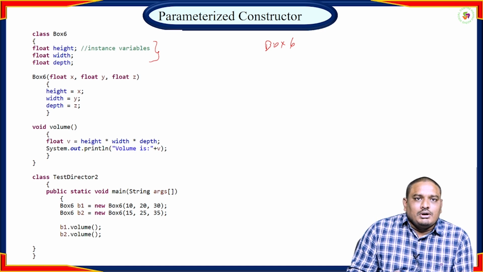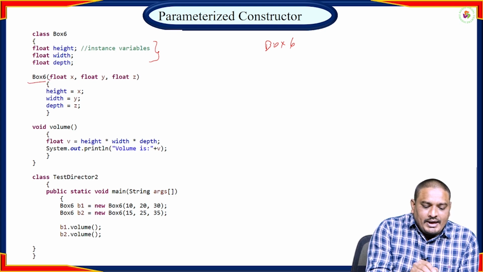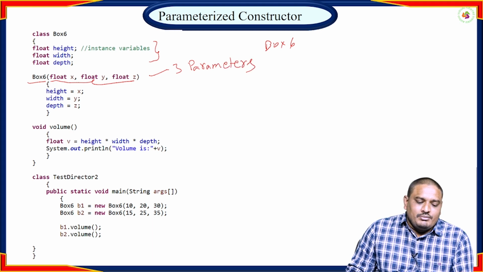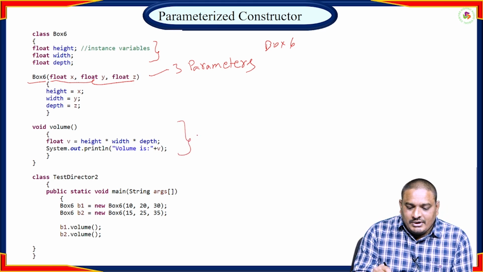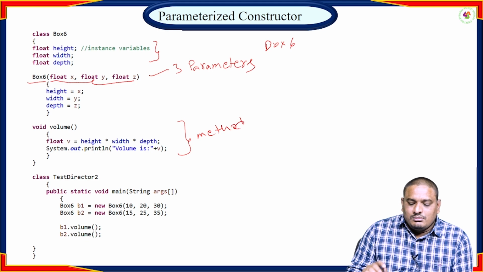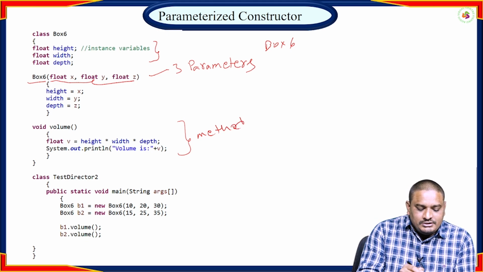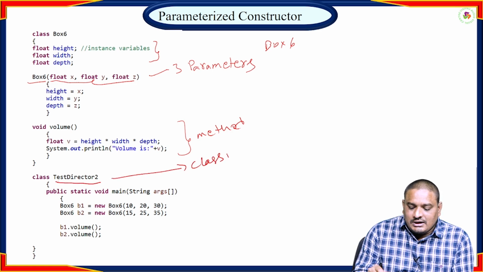Now the constructor is created: Box6 with open bracket. Here we can pass three parameters to the Box constructor. This one is the method. Now see this example. In this example, TestDirector is the class name.